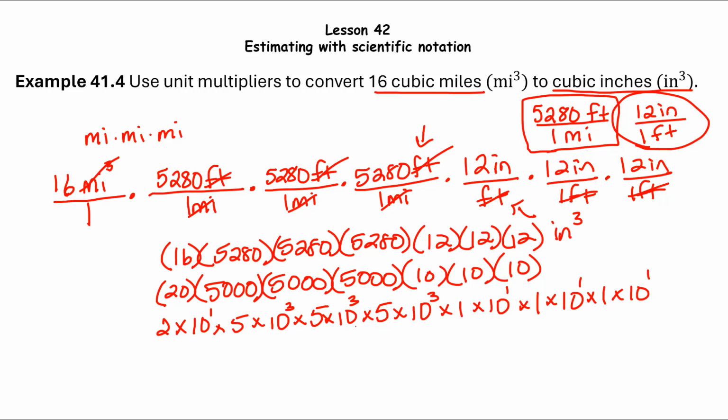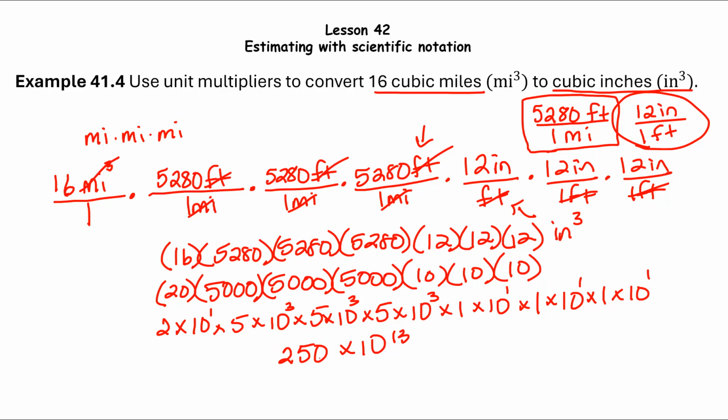And now I'm going to multiply it out. I've got 2 times 5 times 5 times 5, which is going to give me 250. And then I've got 10 to the 1 plus 9 gives me 10, and then 11, 12, 13. Just adding up all the exponents on my tens.